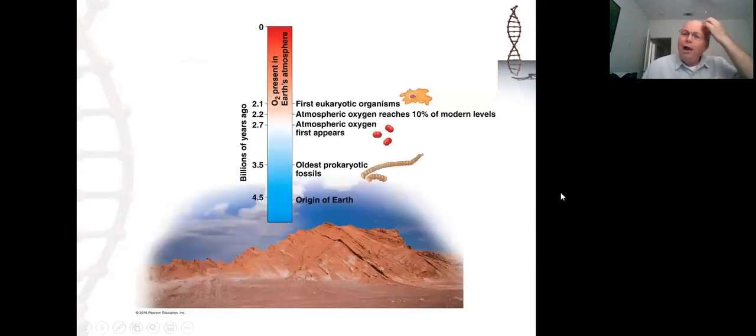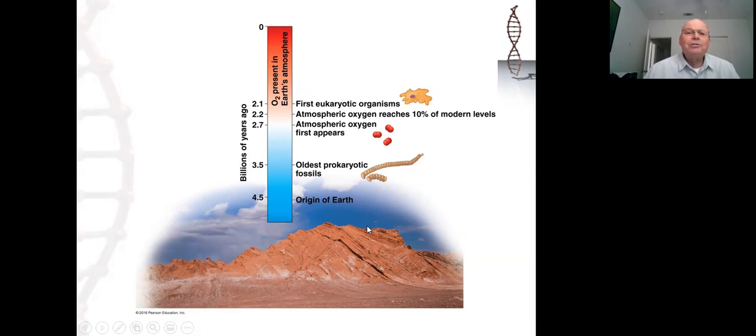So this just gives you a timeline as to what we think is the progressive development of an oxygen-based atmosphere that would eventually allow for the appearance of aerobic organisms as we would recognize them, first in the form of aerobic bacteria, but then ultimately aerobic eukaryotic organisms, because remember again, the mitochondria, where the aerobic portion of cell respiration occurs in eukaryotes, is itself derived through endosymbiosis from an aerobic bacterium.